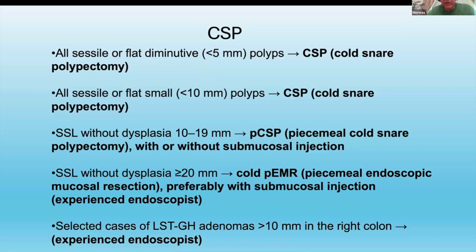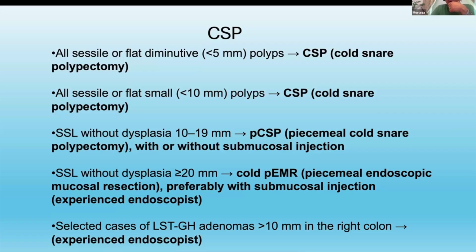And also you can combine piecemeal cold snare polypectomy with a lift. The reason for the lift is you see the entire lesion much better. You don't miss the border of the lesion. It's easier to catch, and much easier to do cold snare polypectomy when you lift it.